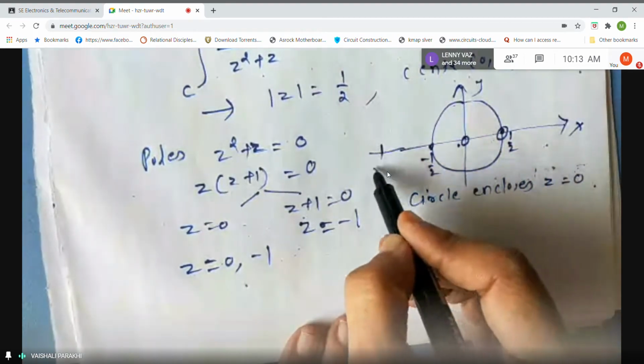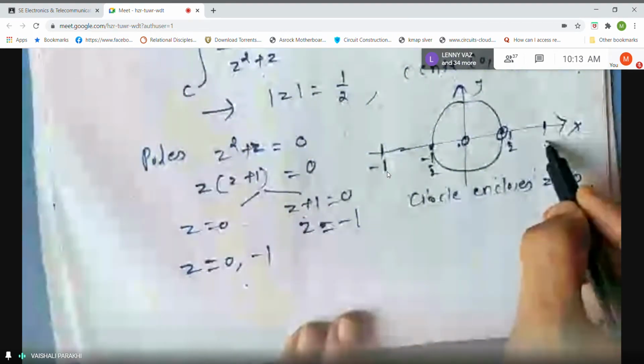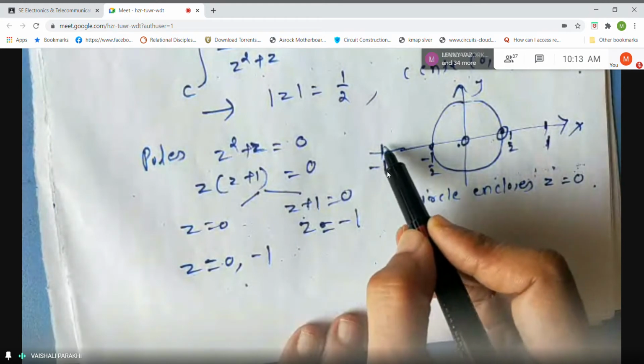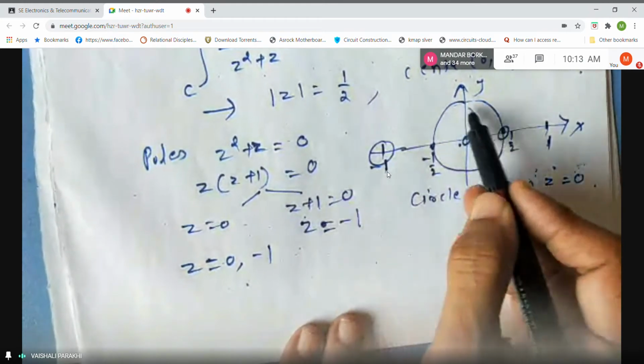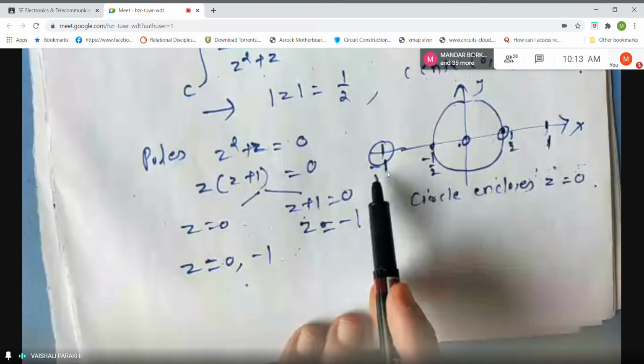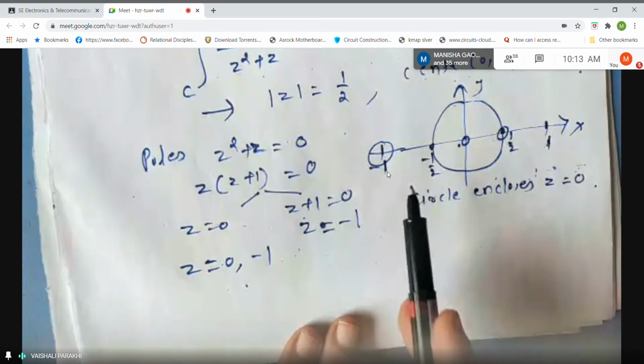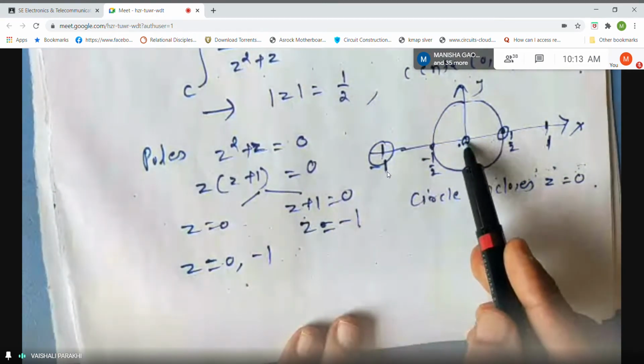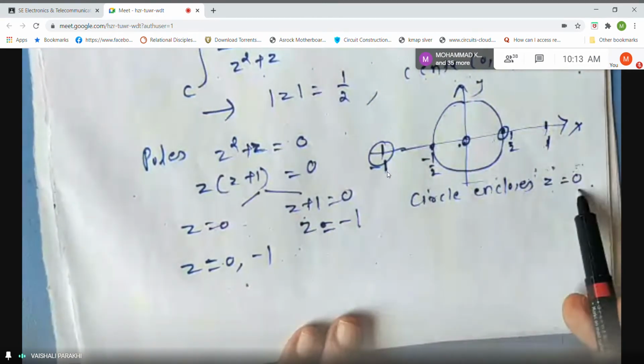Somewhere here you will have minus 1 and somewhere here plus 1. Minus 1 is totally outside the circle, and therefore the only pole enclosed by the circle is Z equal to 0.